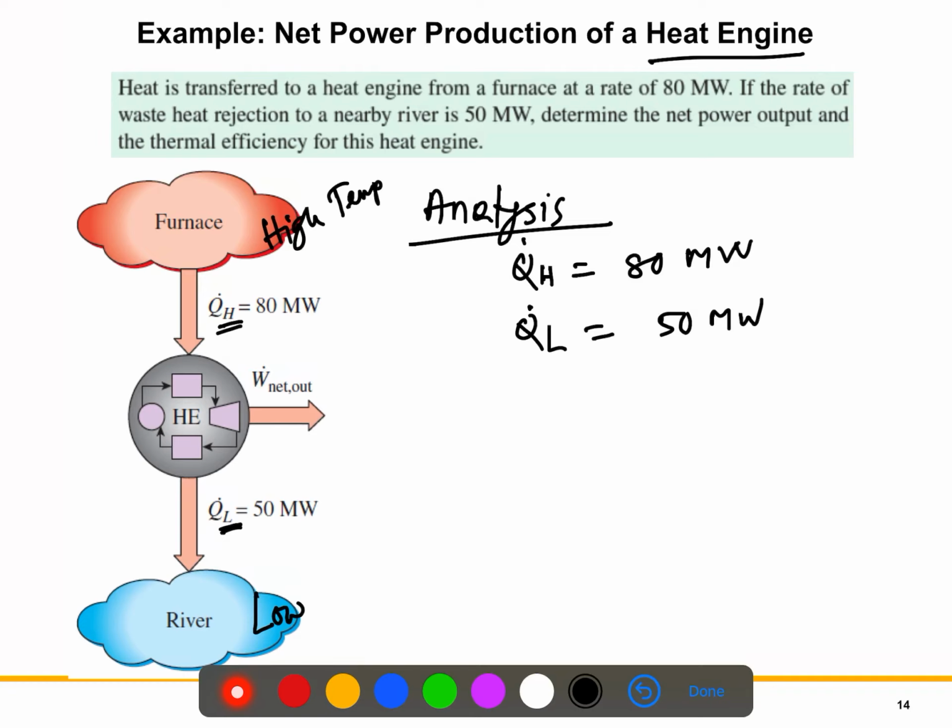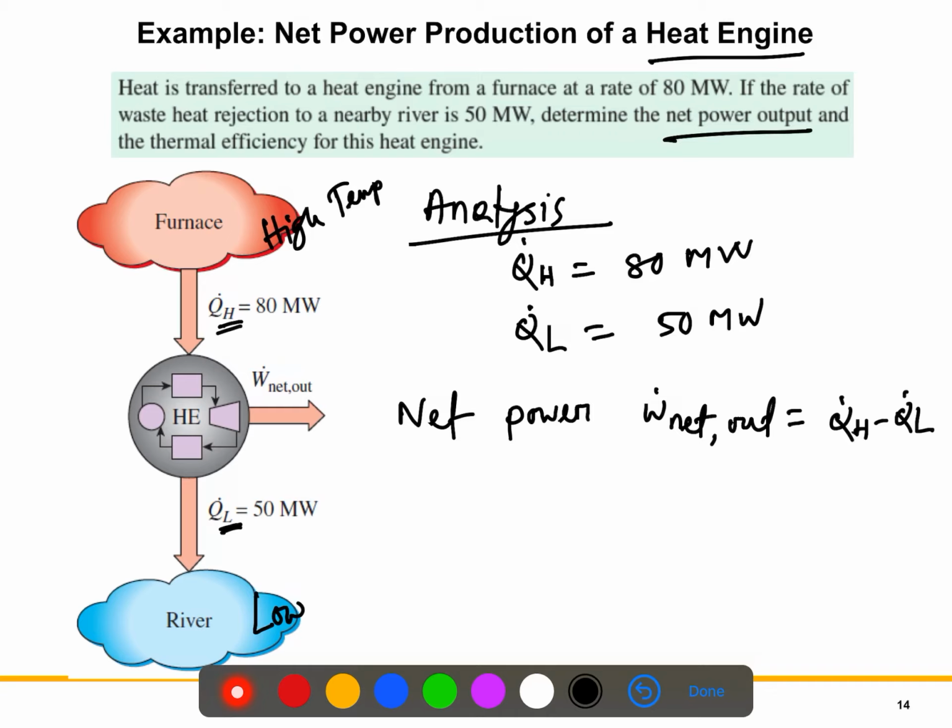From the theories, we know the net power. Here we need to calculate the net power output for this heat engine. We know from the formula that W_net,out is Q_H minus Q_L.